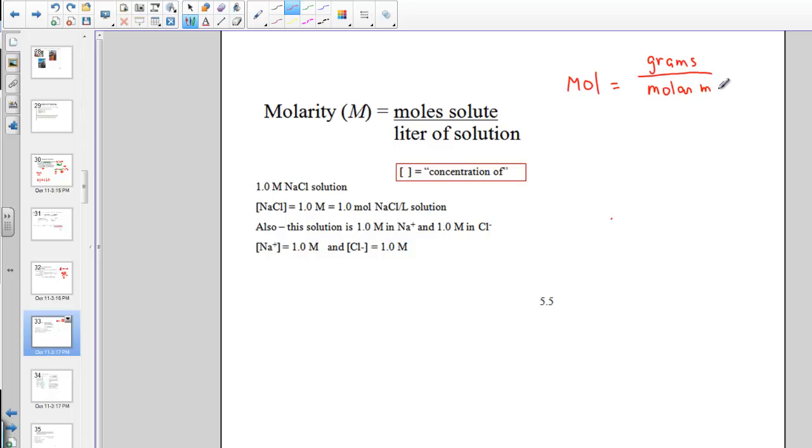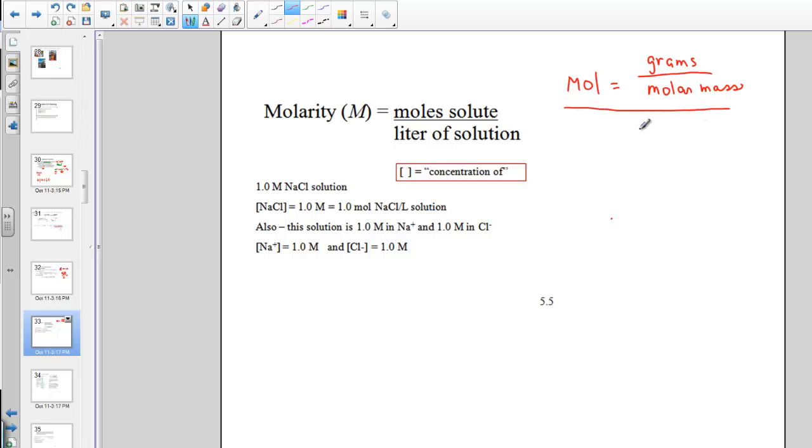Remember that term molar mass, the weight of each atom off of the periodic table, just summed together. The ratio of grams over molar mass is a mole.